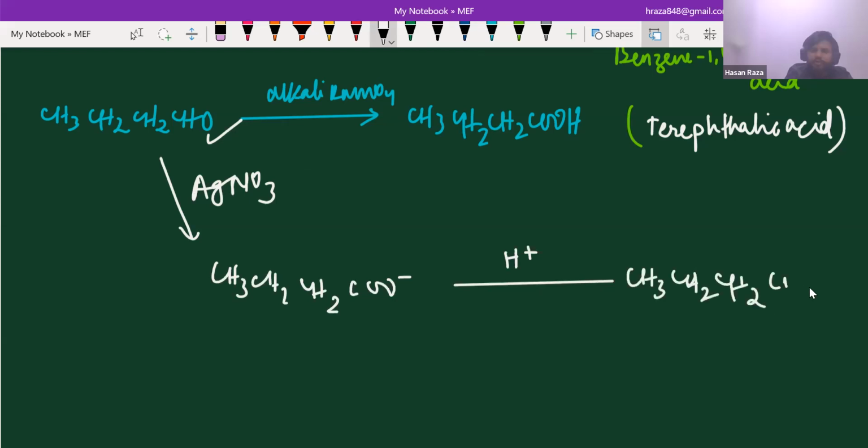Is that clear? So it will be converted into butanoic acid.